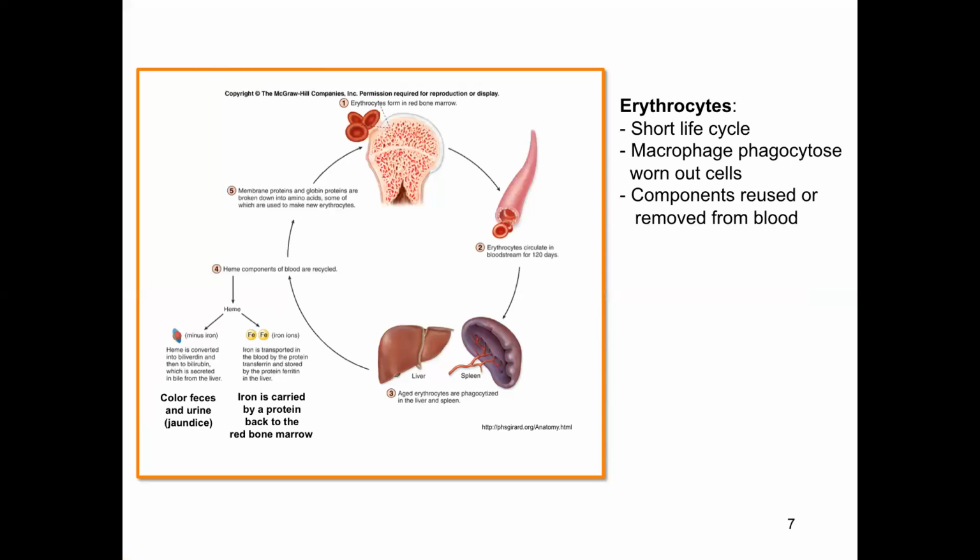Other things, the heme molecule itself, is broken down and eliminated, and it has color to it because it has a ring structure. Ring structures very often will provide color, and that will color the feces and the urine, all right?